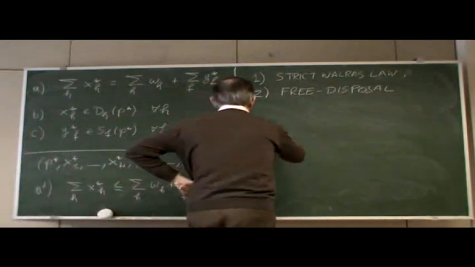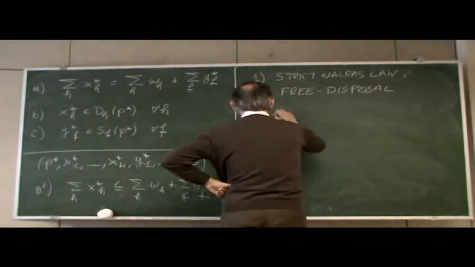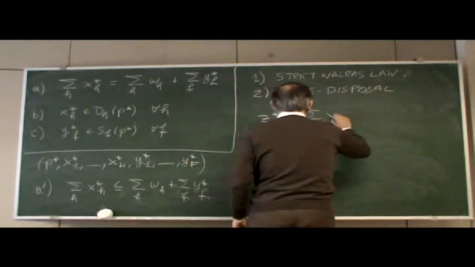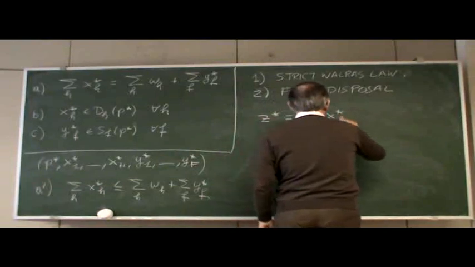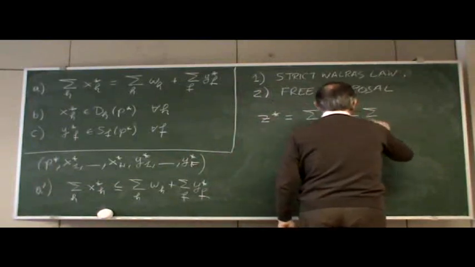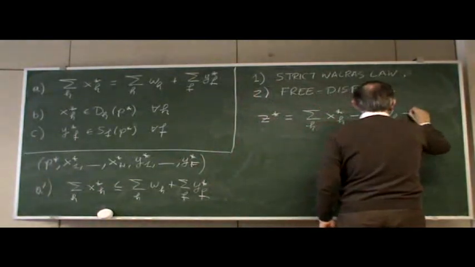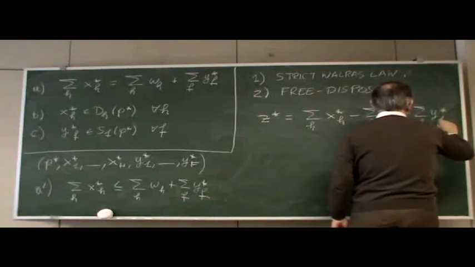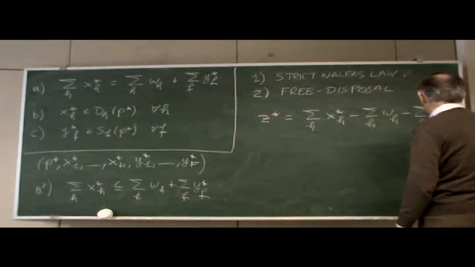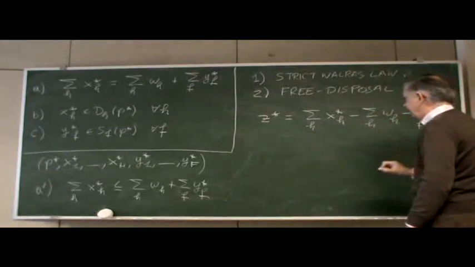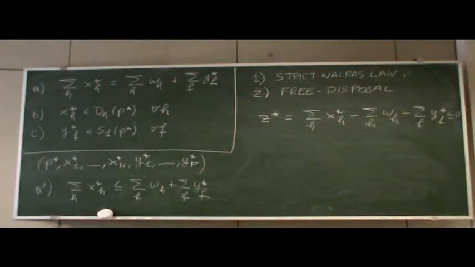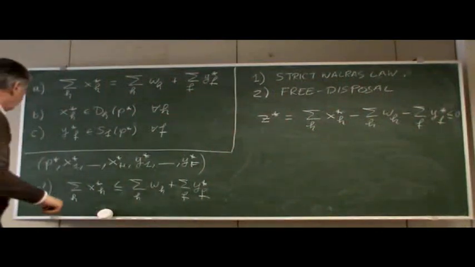Compute the excess demand, Z star, which as usual is nothing but the sum of X star H minus the sum of omega H minus the sum of Y star F. By assumption, this excess demand vector has all non-positive components. Is it clear?